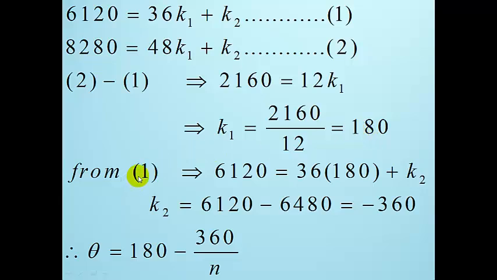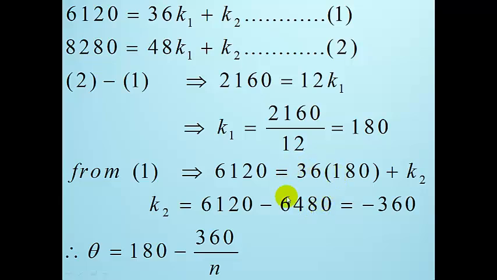Now from equation 1, 6120 is equal to 36 k1 plus k2. Now k1 has given us 180. So by substitution, we have 6120 is equal to 36 times 180 plus k2. And 36 times 180 equals 6,480.